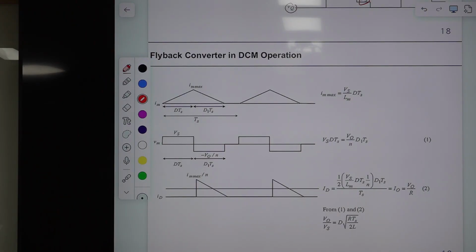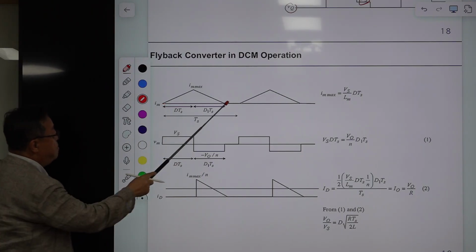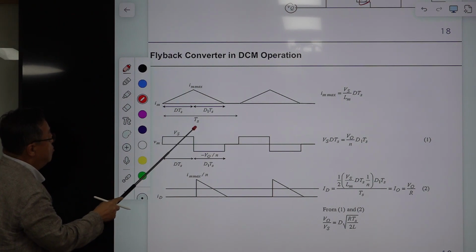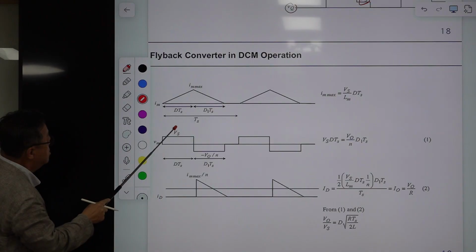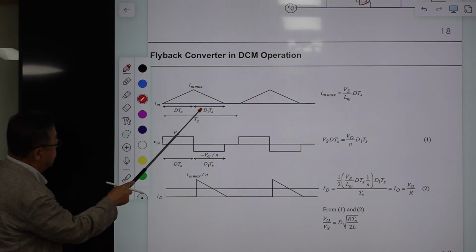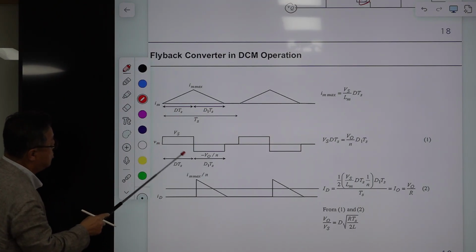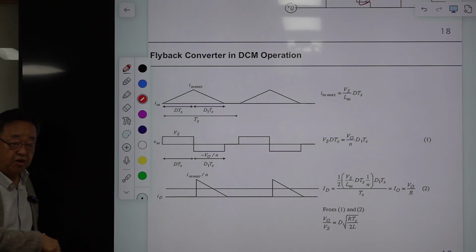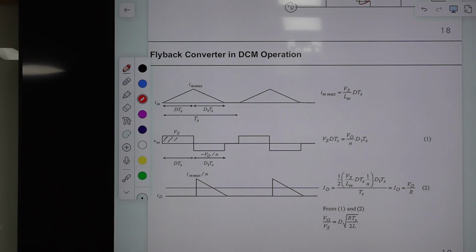And the gain formula in DCM. This is the magnetizing current in DCM. During this DTS period, VM is Vs, and during this time period, the voltage across the magnetizing inductance is minus VO divided by N. Then this area should be the same as this area.